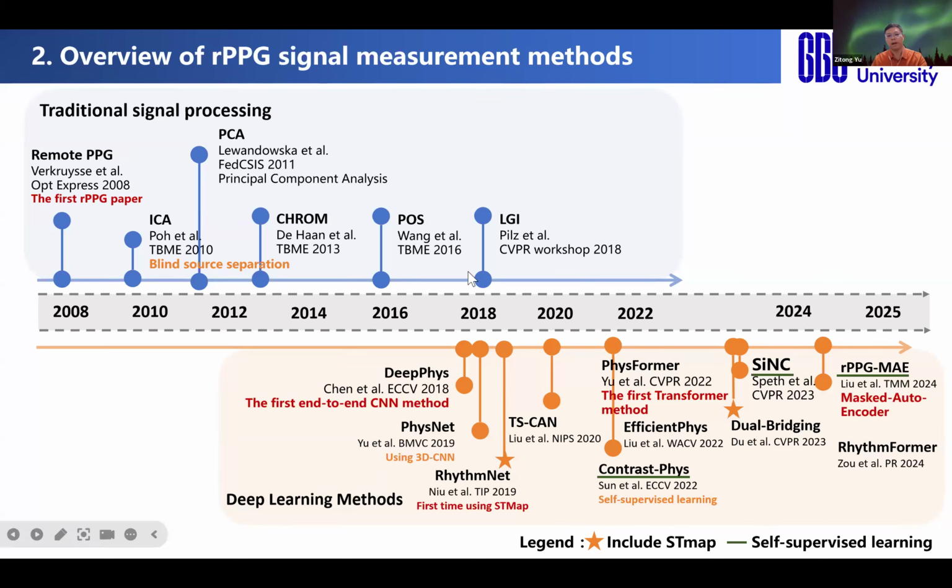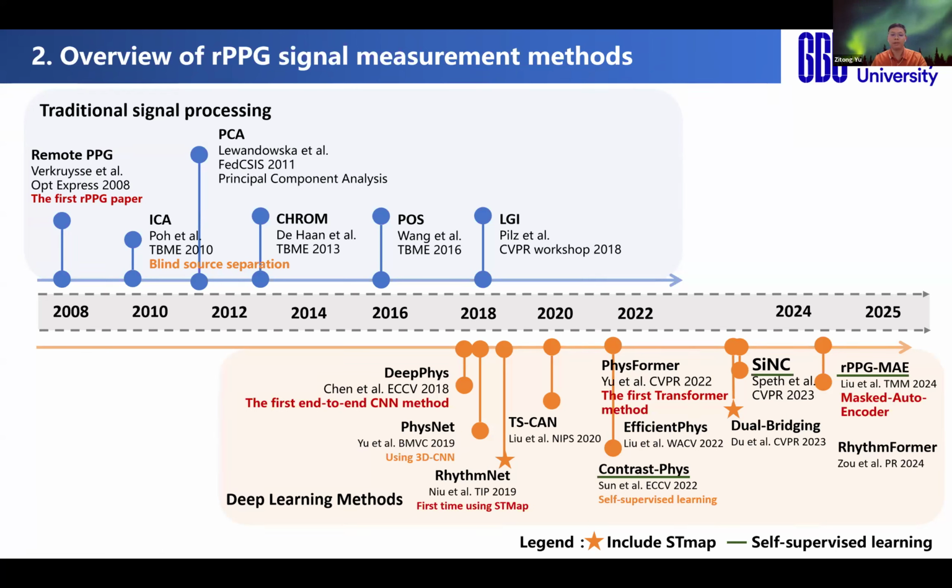After 2018, the first end-to-end method, called DeepPhys, was developed by MIT. It used a 2D CNN for heart rate estimation, and after that there were several 3D CNN based methods, for example PhysNet, PhysFormer, or EfficientPhys for rPPG measurement.